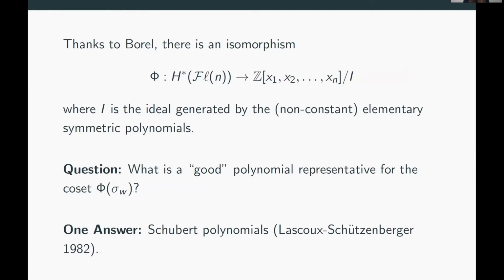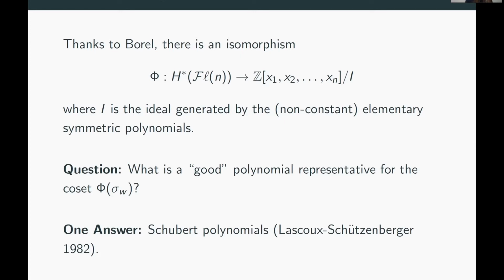There are lots of potential choices you could make to represent one of these cosets in this quotient, but a natural question to ask is, what's a good polynomial representative? Good is very vague, and lots of people might have different ideas of what good should mean. But one answer, proposed by Lascoux and Schützenberger, was the Schubert polynomials.